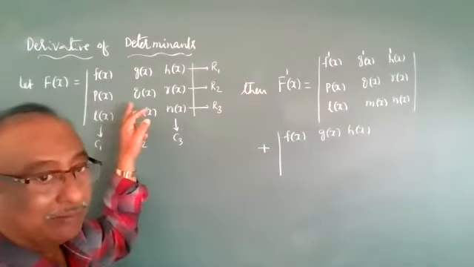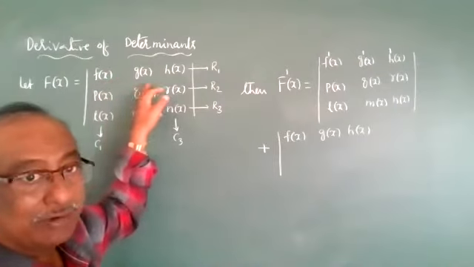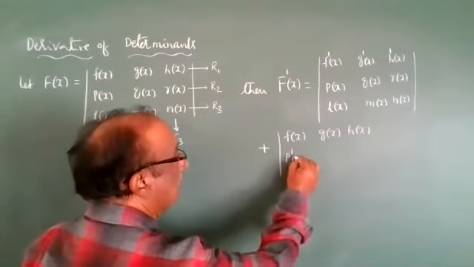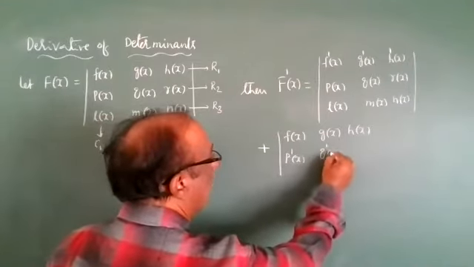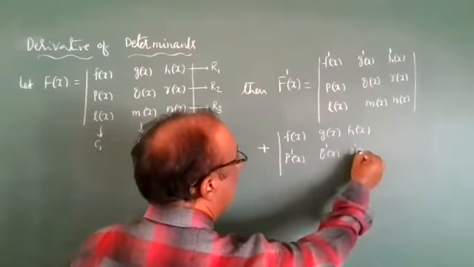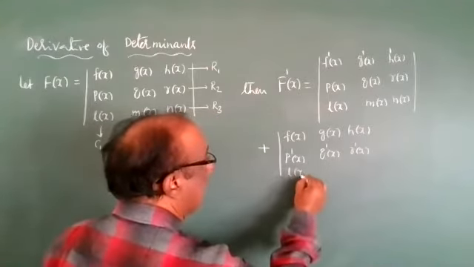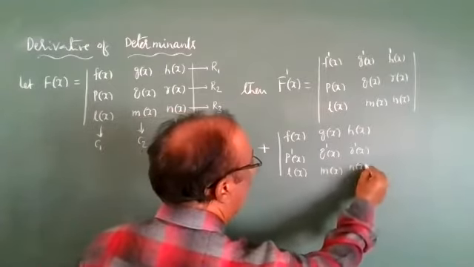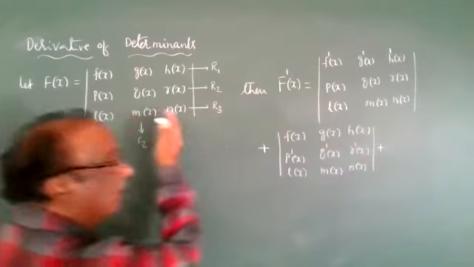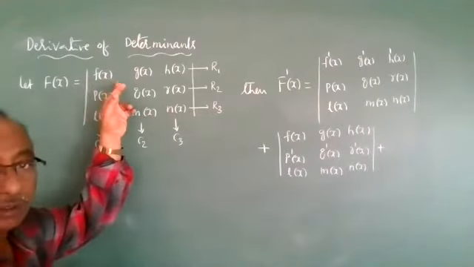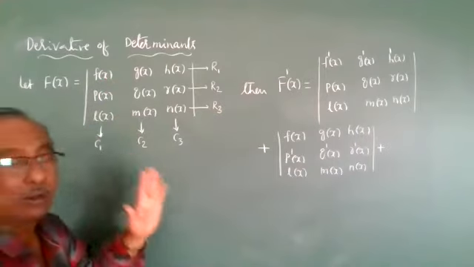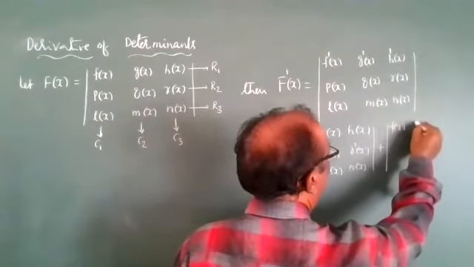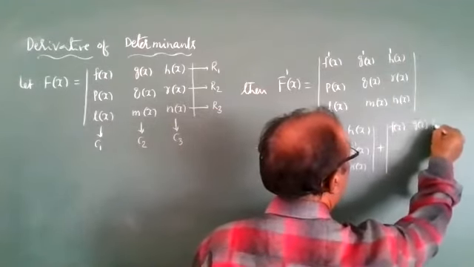Now come again to the given determinant. First row written the same, second row apply the derivative: p dash of x, q dash of x, r dash of x. Third row is the same: l of x, m of x, n of x. Next, again come to the problem: first row same, second row same, third row derivative. The first row is f of x, g of x, h of x.